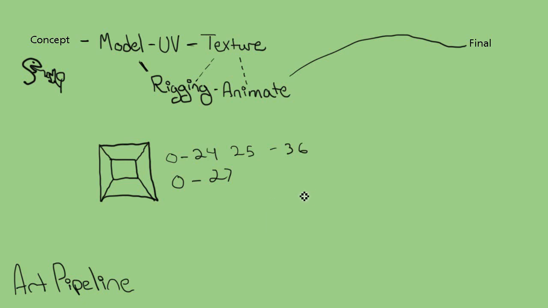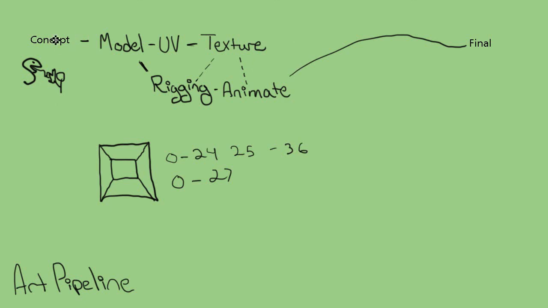But if not, such as if you're using an engine where you have to write out in a script or a log file exactly what the animated frames are, you need to make sure to do this, because if you don't, it's going to look bad. So that's everything being changed in the most efficient order it can be made in. Hopefully you all understand the art pipeline a little more clearly now.